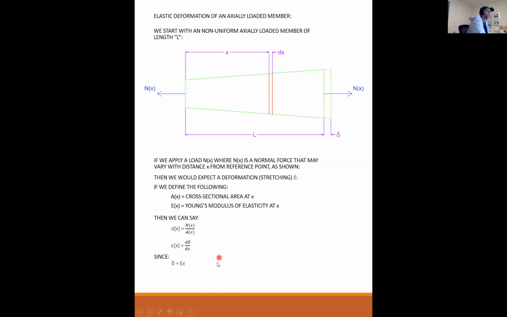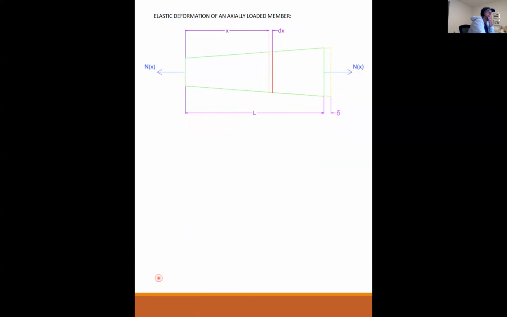Now, since Hooke's law is defined as delta equal to Young's modulus... actually, that's not Hooke's law, that's the definition of strain. Wait a minute, I think I biffed.